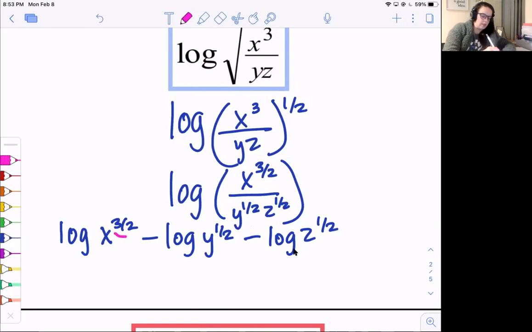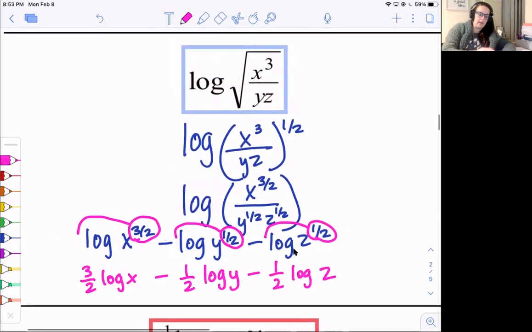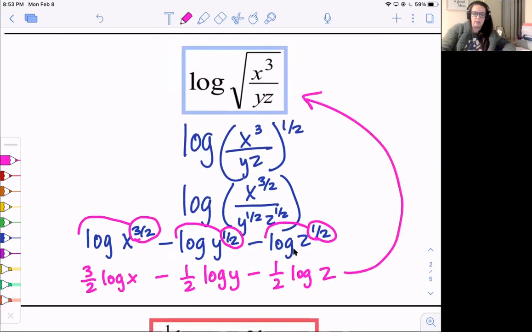Just don't forget you have a bunch of exponents that are moving out to the front. So you would have 3/2 log x minus 1/2 log y minus 1/2 log z as your expanded version of this one up here. Okay.